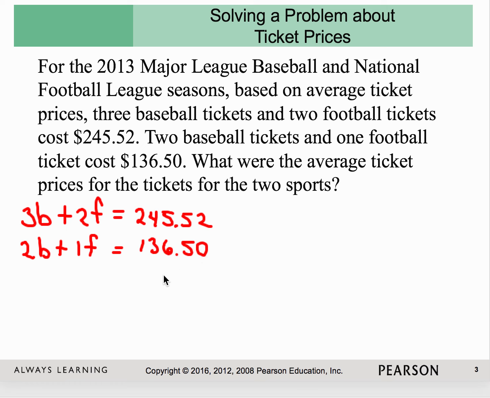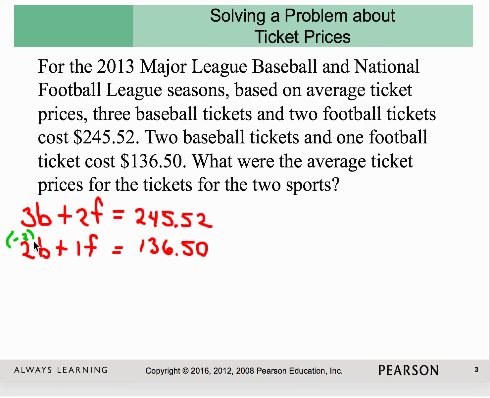So notice I just got 2 equations. So I can either use substitution or elimination. I'm going to use elimination and multiply this bottom equation by -2 so my f's get eliminated.